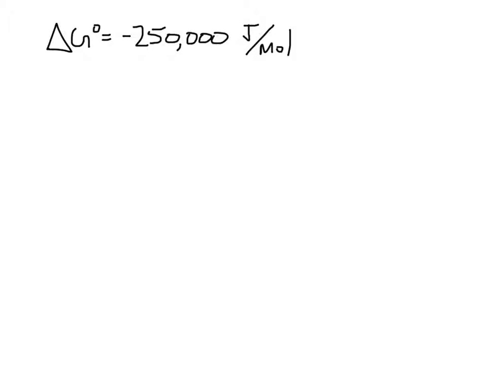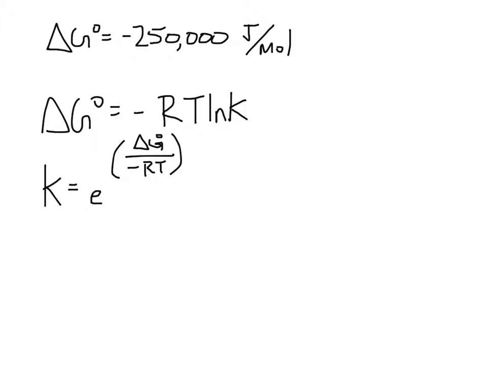We have to go back a little bit, but we can remember that delta G is equal to negative R times T ln of K. Oh yeah, I remember that equation now. So we can rearrange it just like we learned. We're going to use the negative 250 kilojoules per mole for our delta G, because remember that R is 8.314 joules per mole Kelvin, and so we need joules and joules to cancel out.